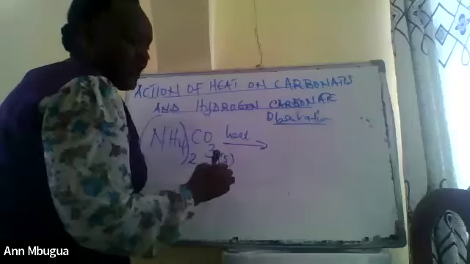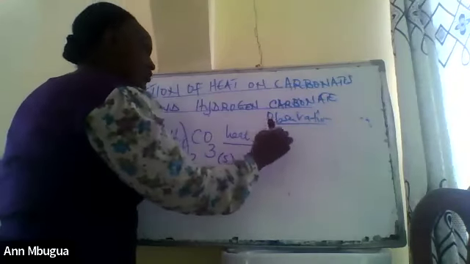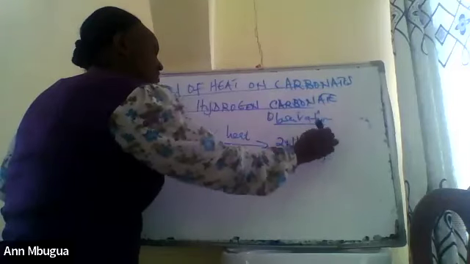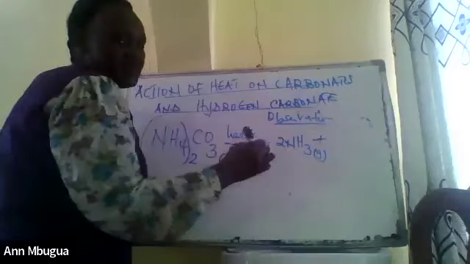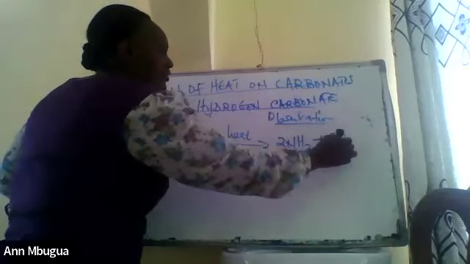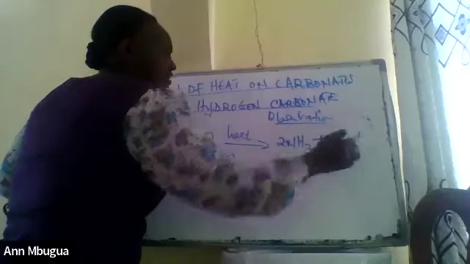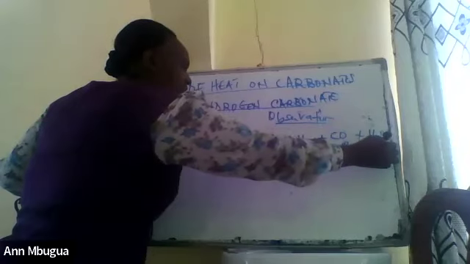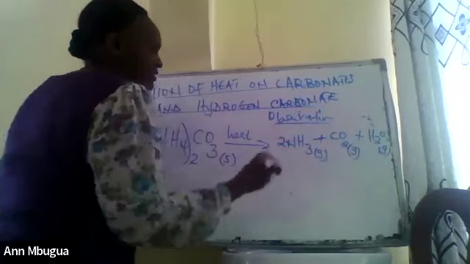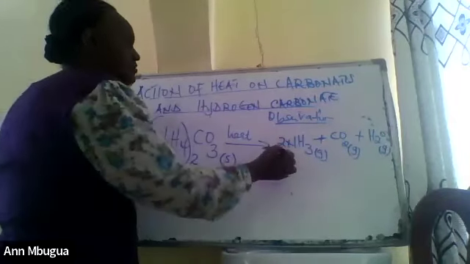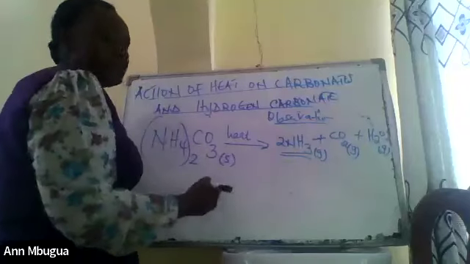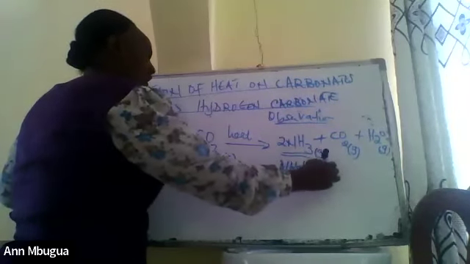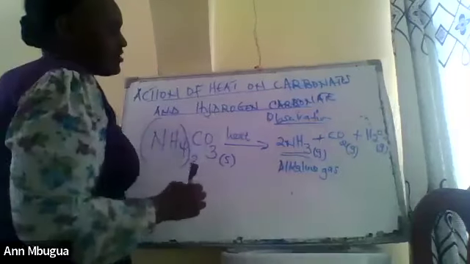When heated, we get three products. One of them is the ammonia gas. The other one is the carbon dioxide, and the third product is water, which is in gaseous form because you're heating. It's good to note that ammonia is the only alkaline gas.